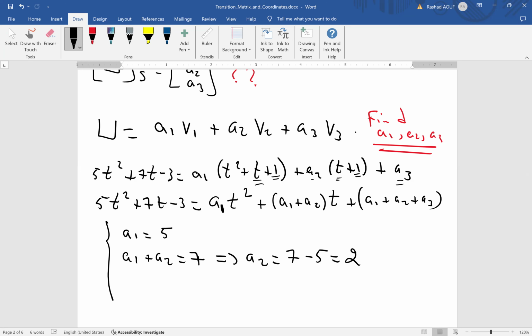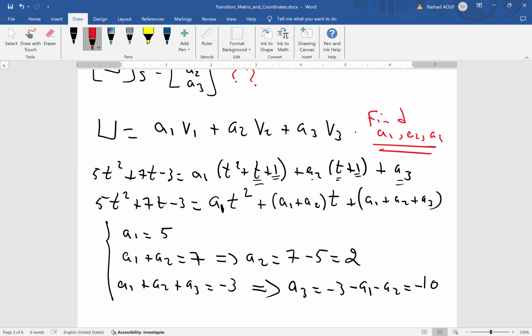The last one: a1 plus a2 plus a3 equal minus 3, so a3 equal minus 3 minus a1 minus a2, which is minus 3 minus 7, minus 10. So we have a1, a2, and a3, the three coordinates.